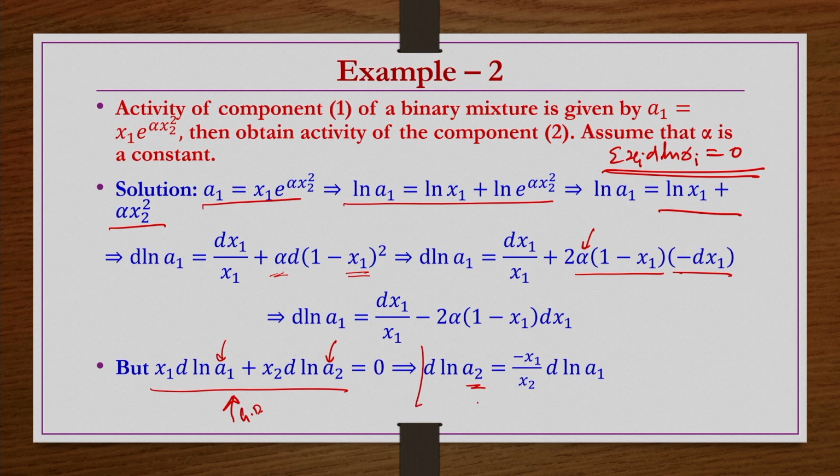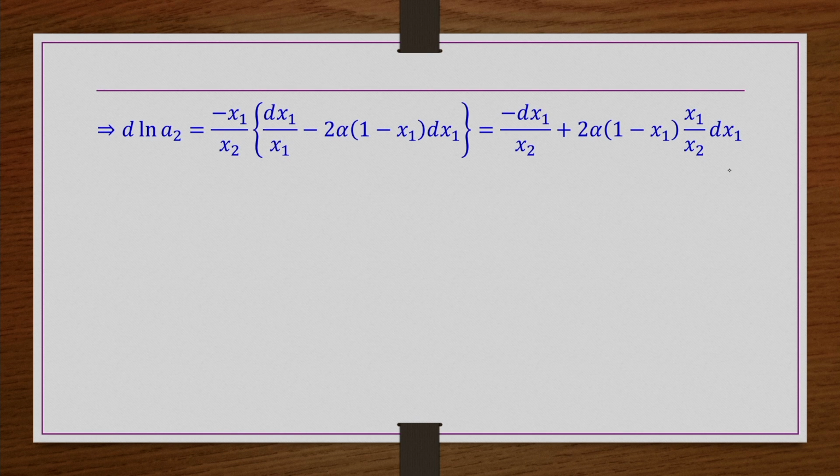How do we rearrange this equation? We rearrange it as d ln A2 is equal to minus x1 by x2 d ln A1. So, if you substitute here in place of d ln A1 we have this expression, minus dx1 by x2, d ln A2 is equal to minus x1 by x2 multiplied by d ln A1.